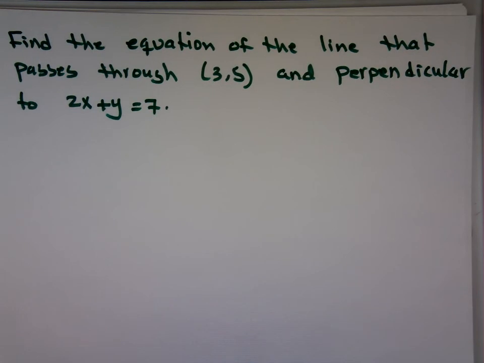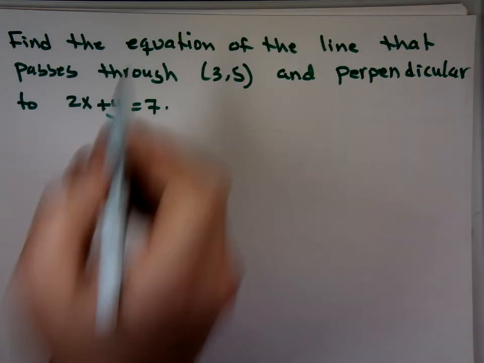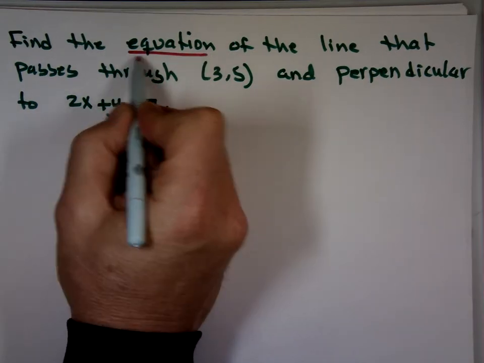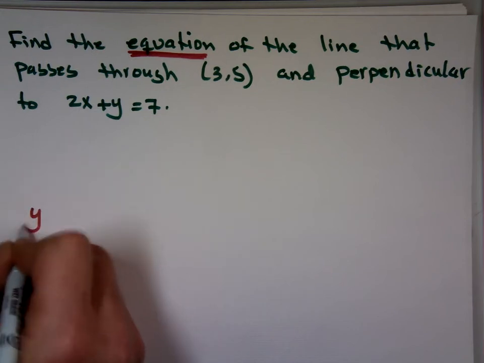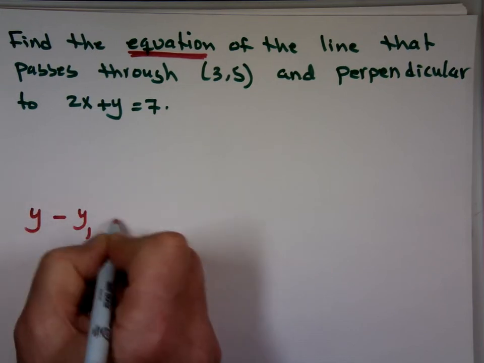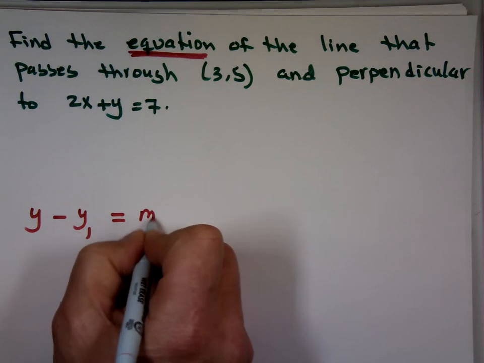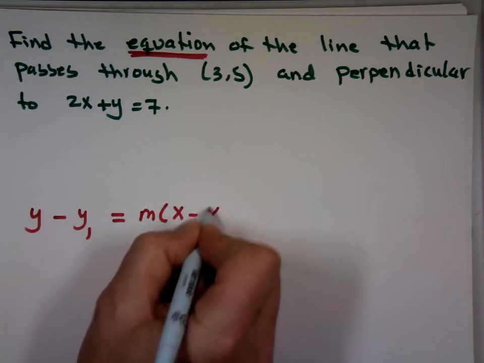Couple of key things here. My first one, find the equation. I know what I have to use. I have to use y minus y sub 1 equals m times x minus x sub 1. That's what I have to use.